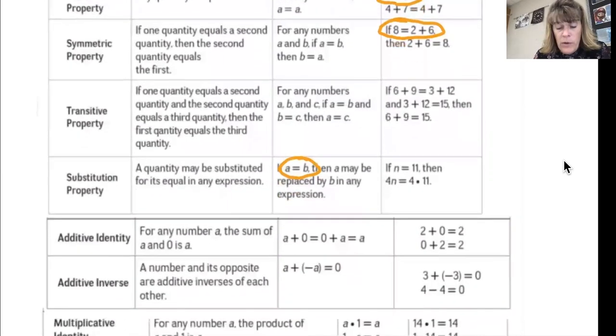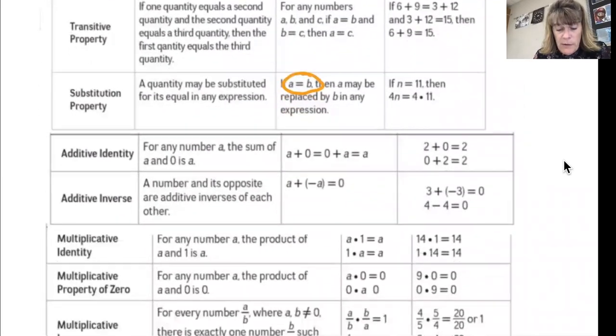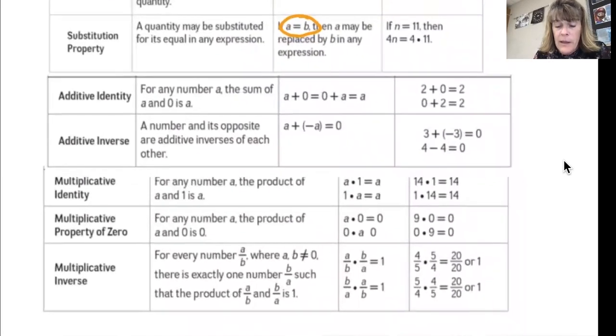Now, this is where we actually start working on some stuff here. We have the additive identity. Okay, so that additive identity is 0. If I add 0 to any number, I don't change the value, it's still that number. So 2 plus 0 equals 2. Okay, so that's the additive identity.